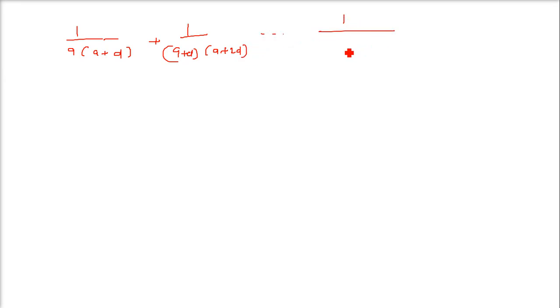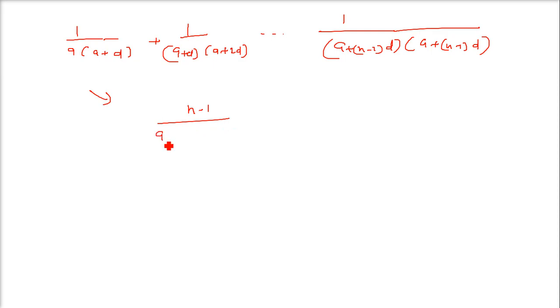And this goes up to 1 by a plus n minus 2 into d, and a plus n minus 1 into d. So here the final sum of this will be, again we'll use the method of difference, and if we solve it, it will come as n minus 1 by a plus n minus 1 into d.